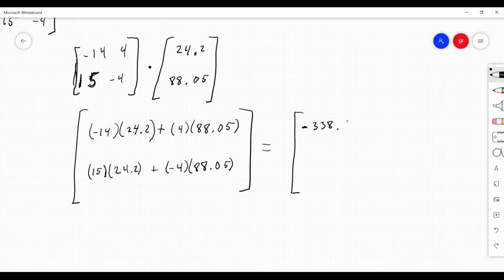Plus 4 times 88.05 is what? 352.2. And then 15 times 24.2 is what? 363.